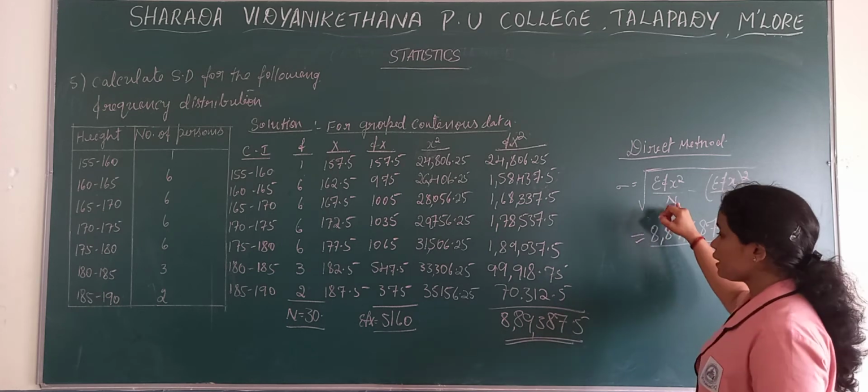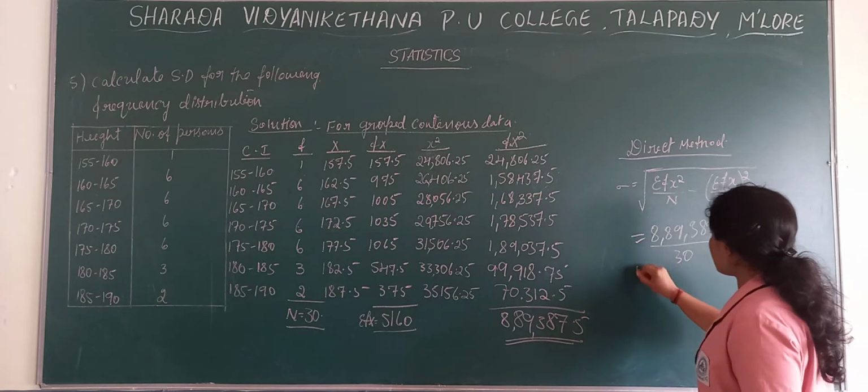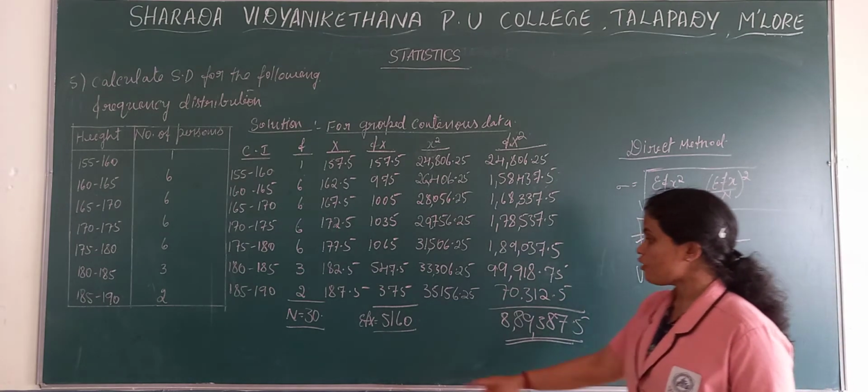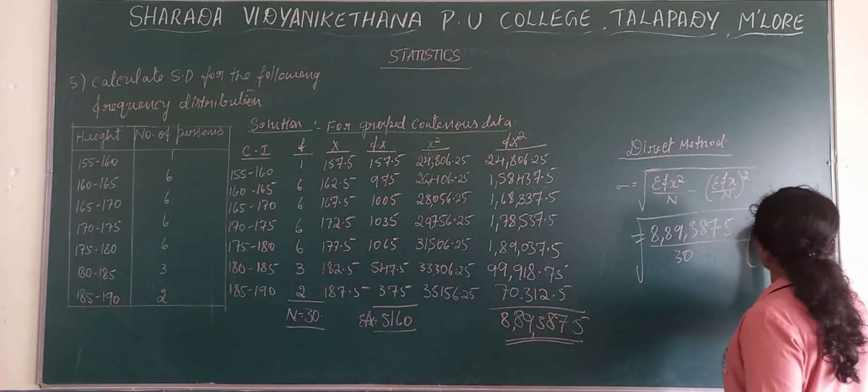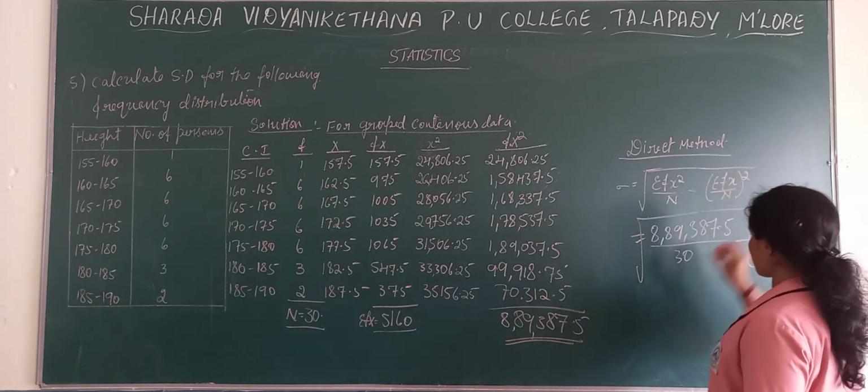8,89,387.5 divided by n value, which is 30, minus sigma fx, 5,160 by 30, square.